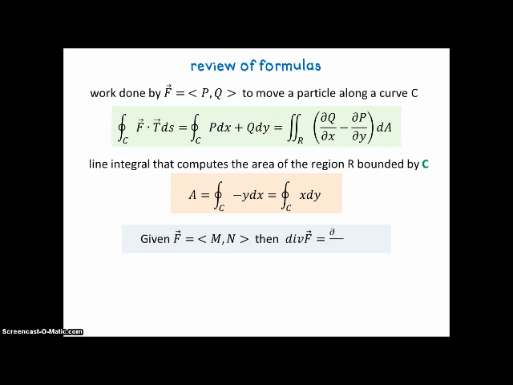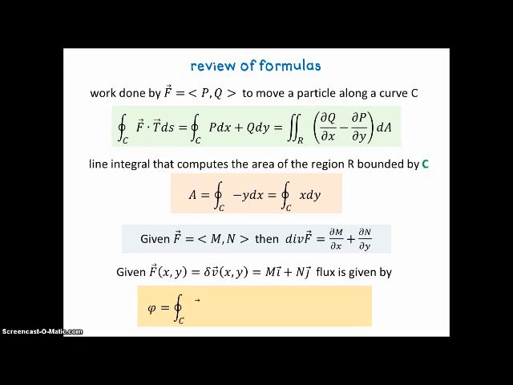And next, we said given a vector field m comma n, then the divergence of f we showed was defined basically to be the partial derivative of m with respect to x plus the partial derivative of n with respect to y, and given that the vector field was density times velocity of a fluid flowing through the vector field, then the flux was given by this line integral, which we have just recently shown is equal to the double integral of the divergence of f with respect to the area of the region.